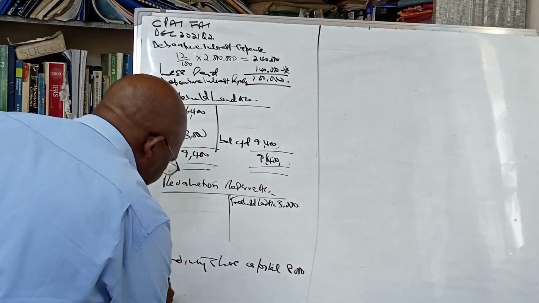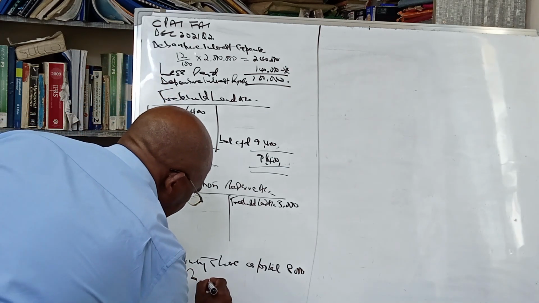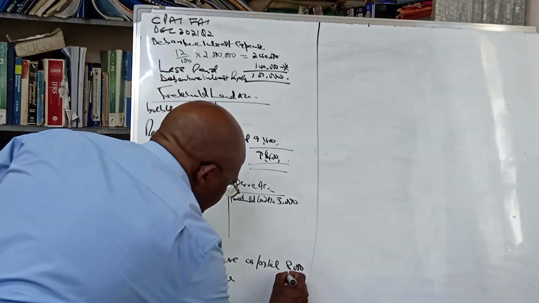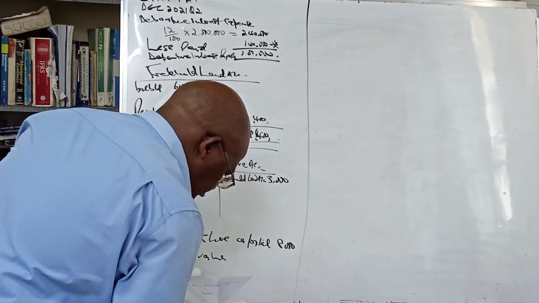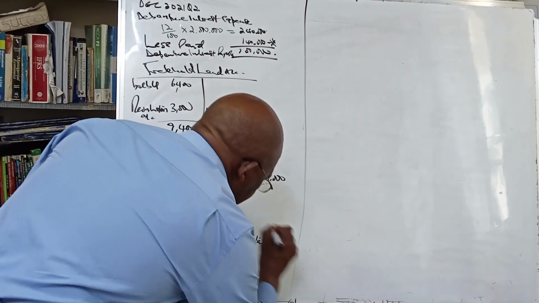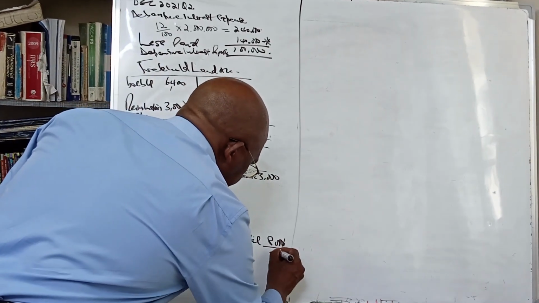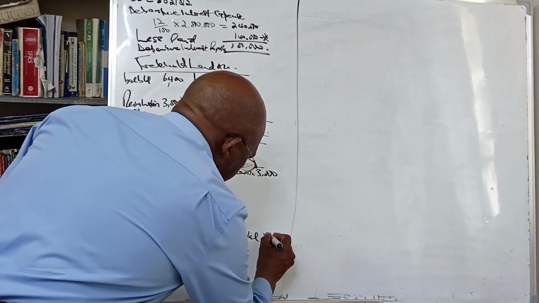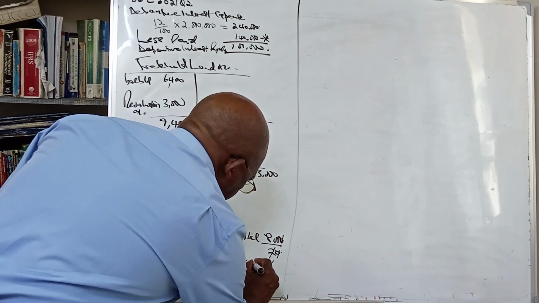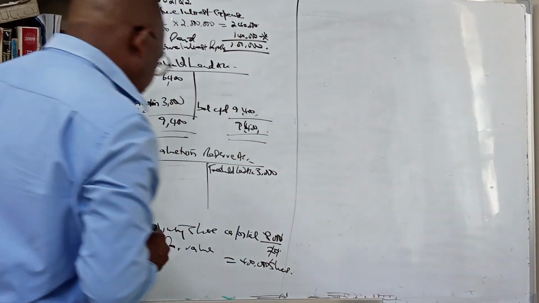Each share has a par value of shillings 20. If we divide by 20, we will get a figure of 400,000 shares.